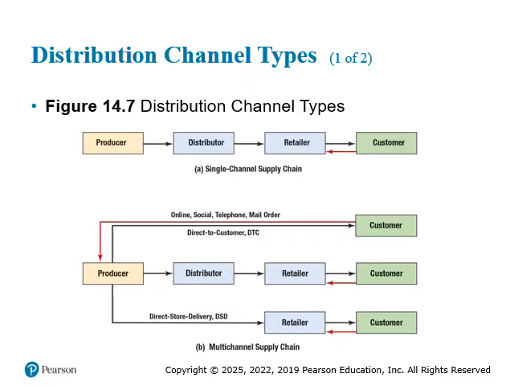So it's what it sounds like, single channel. If you've got a multi-channel supply chain, then you might supply a customer direct from the producer.